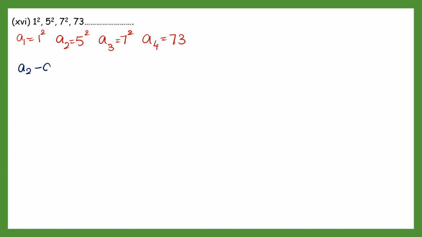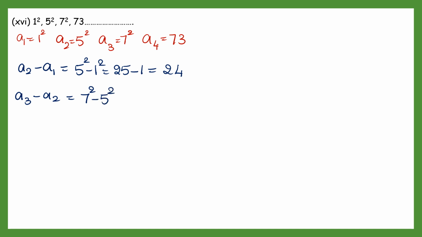Let's find A2 minus A1. 5 square minus 1 square, that means 5 square is 5 into 5, 25, minus 1, 24. Now the difference between third and second term, A3 minus A2. So 7 square minus 5 square, 7 square is 49, 5 square is 25. You get the answer as 24 again.